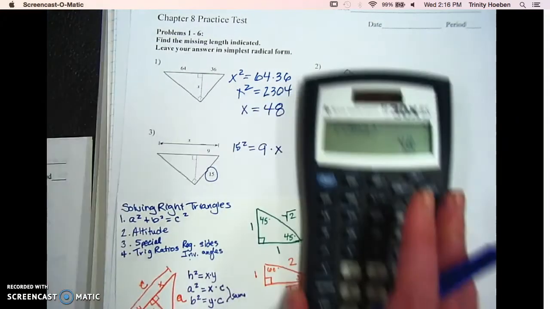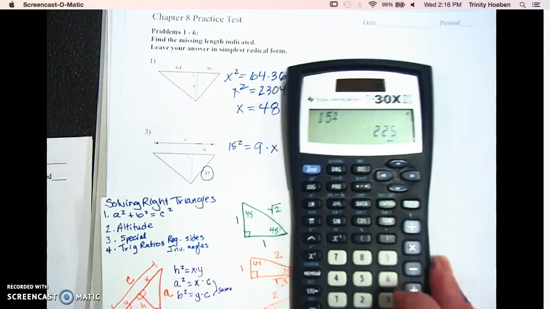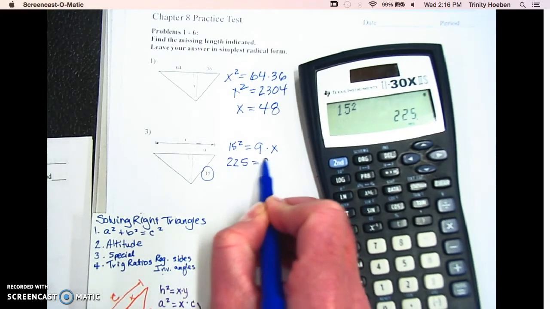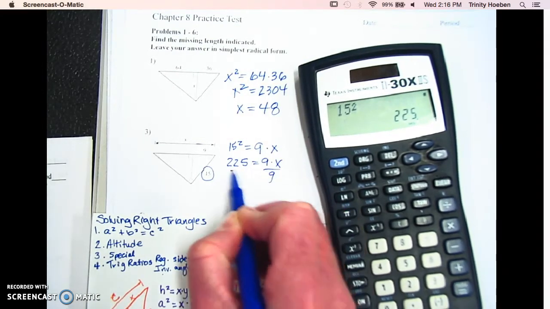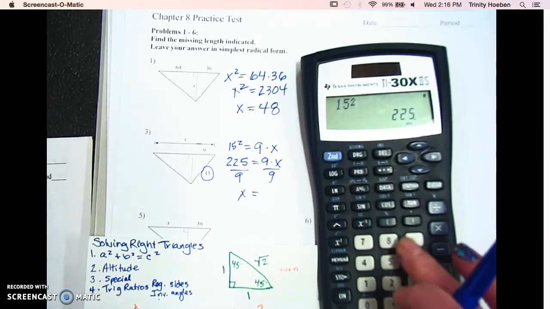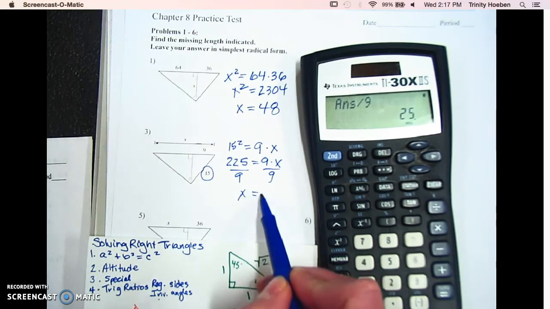Square 15 on your calculator, you can just hit the square button. You get 225. Then divide both sides by 9, and you should get x equals 225 divided by 9, 25.